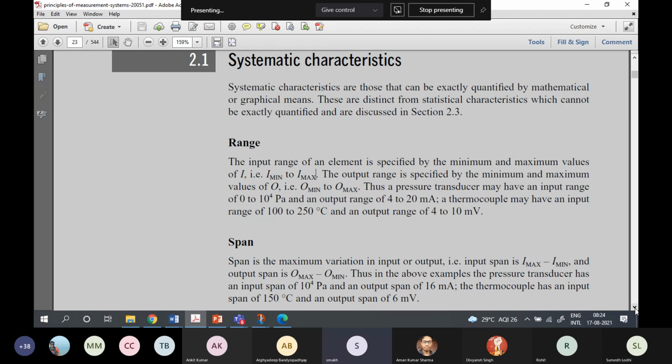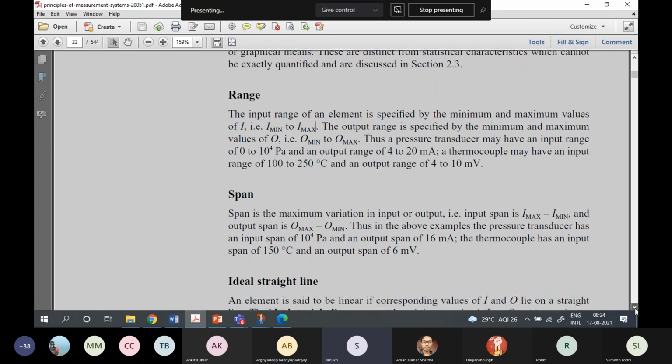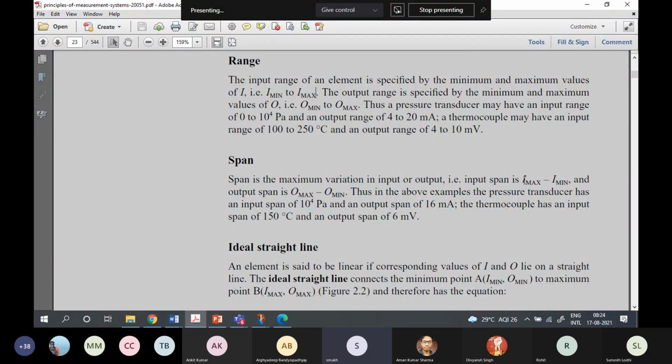And then there is an associated term called span. So span is the range of values. It is Imax minus Imin. So it is the maximum variation in the input or output.